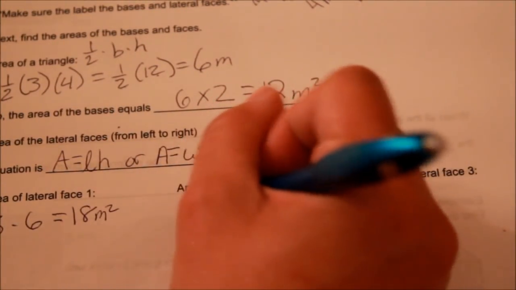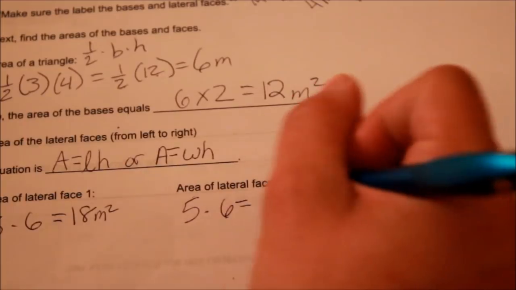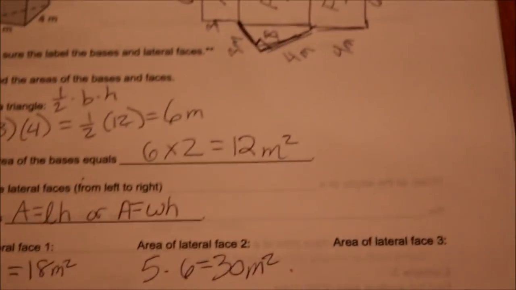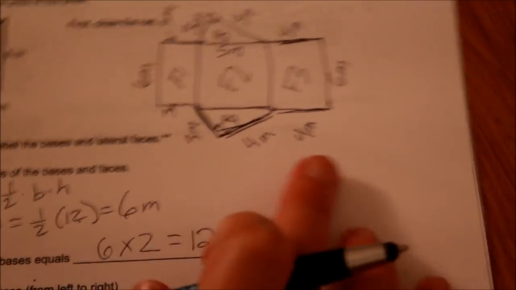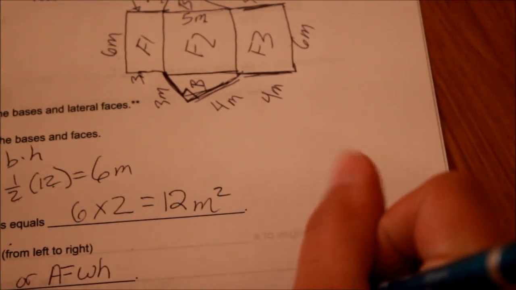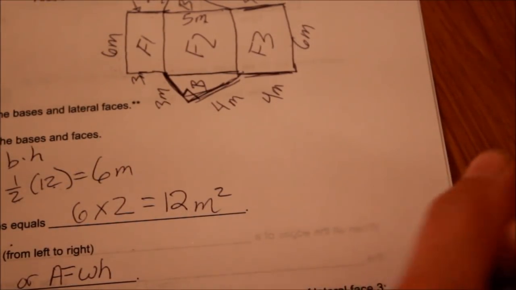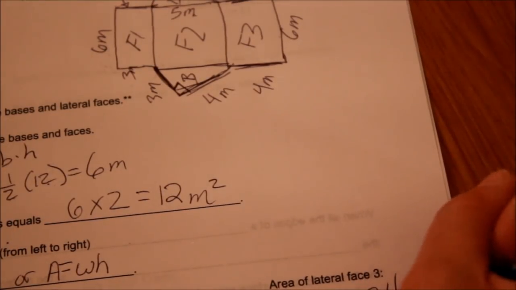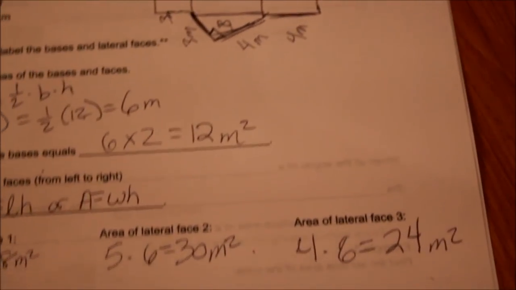I'm going to do 5 times 6, which equals 30. And then face 3, we have 4 meters and 6 meters, so we're going to do 4 times 6. 6 times 4 is 24.